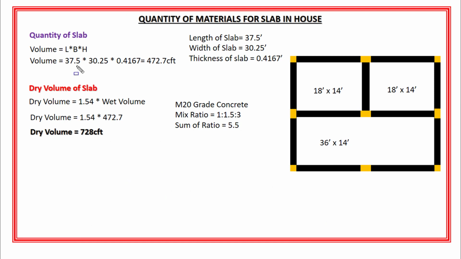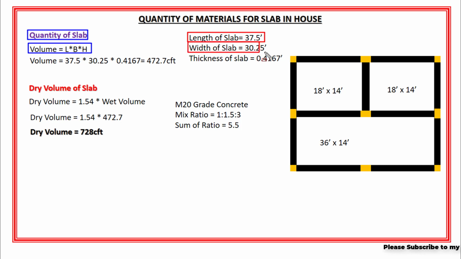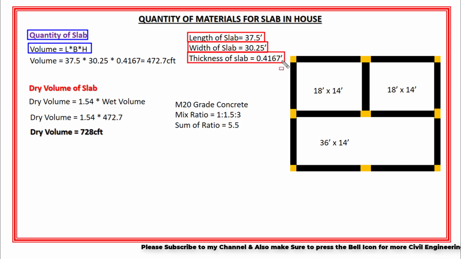Now let's calculate the quantity of materials for this slab. So the volume of slab is equal to length into breadth into height. Here the length of the slab is equal to 37.5 feet. Breadth of the slab is equal to 30.25 feet. And the thickness of slab is equal to 0.4167 feet.